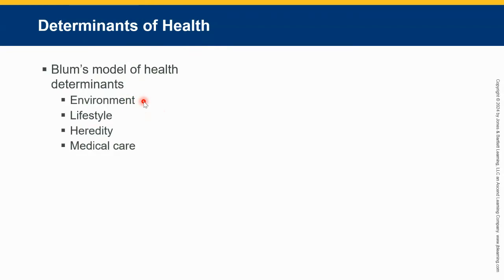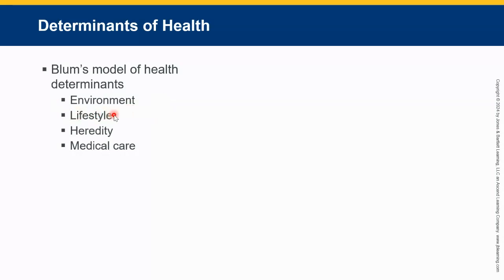Number 1, identified as the most important force, is environment, including water, air pollution, food, toxins, safety, waste, overcrowdedness, etc. So that plays a huge role and the most important role in contributing to the determinants of health.